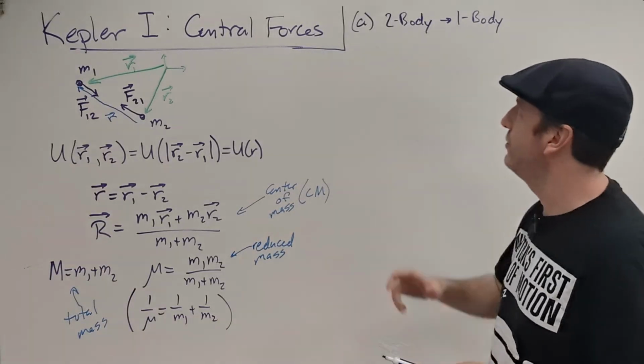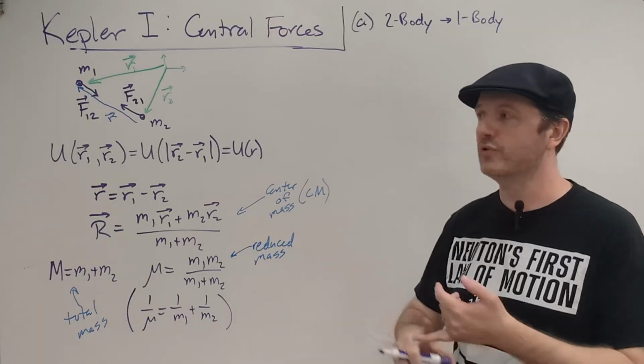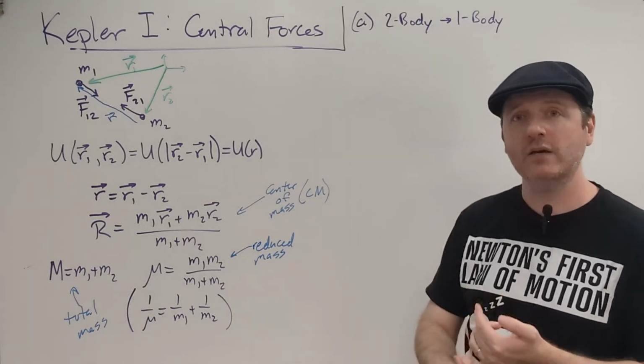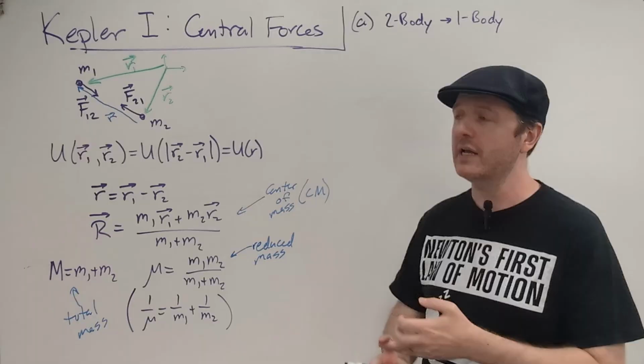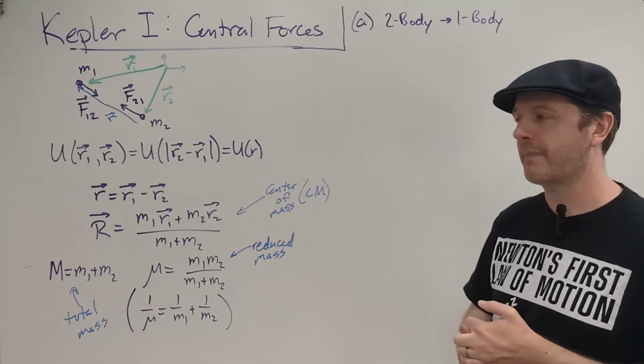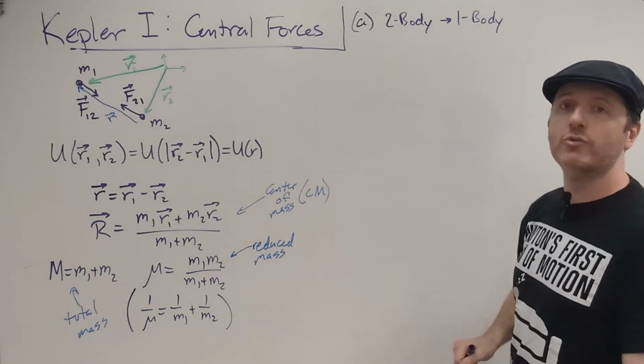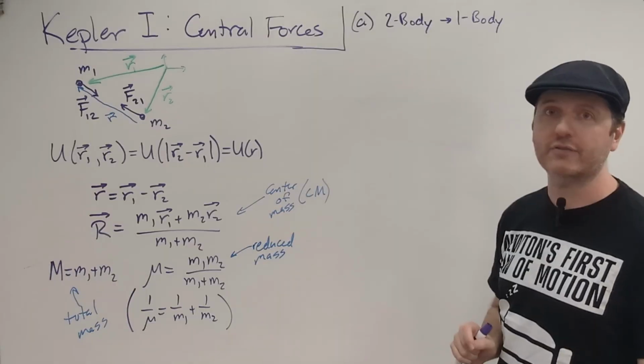Then we're going to prove a couple interesting results, like we'll prove that the motion has to lie in a plane, we'll prove that angular momentum is conserved, and we'll prove Kepler's second law about areas. Okay, so let's start by showing that this two-body interaction really does reduce down to a one-body effective interaction.